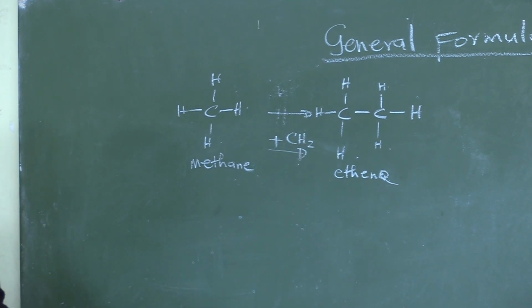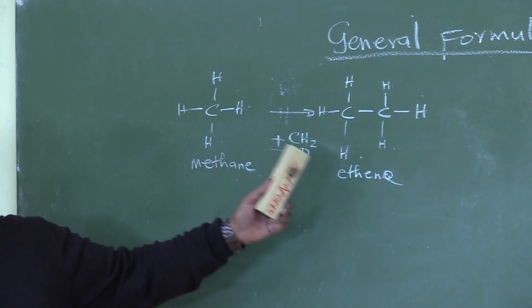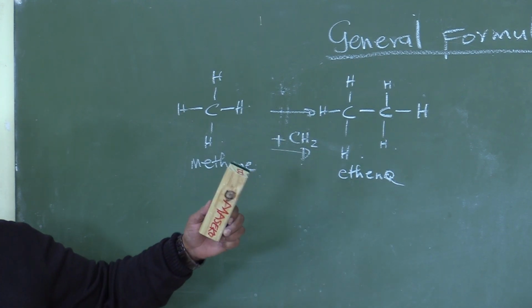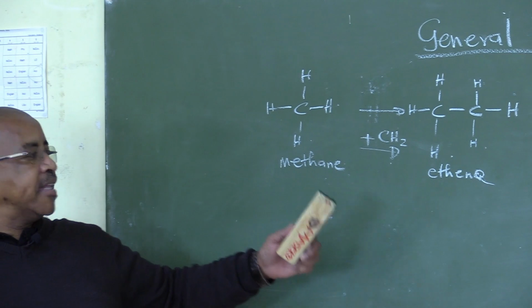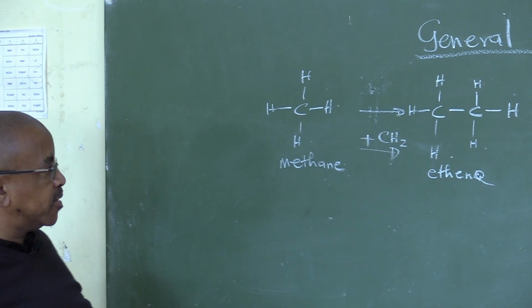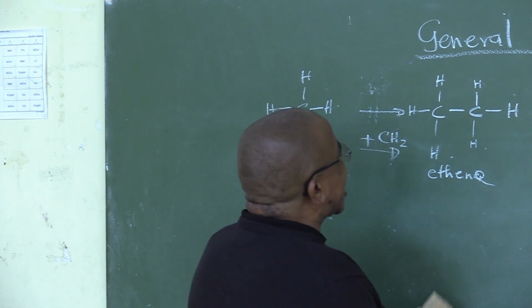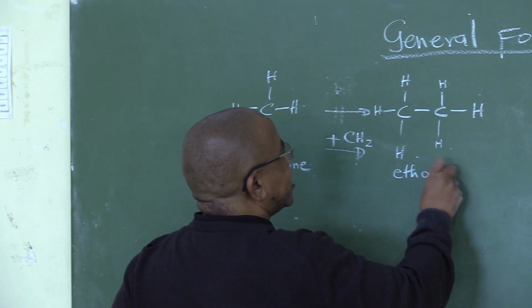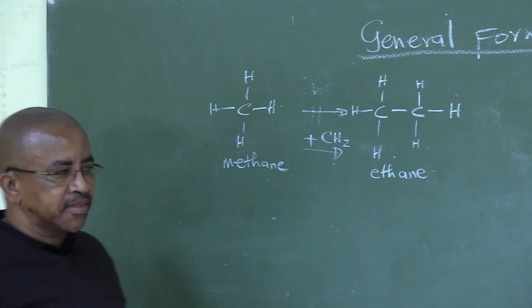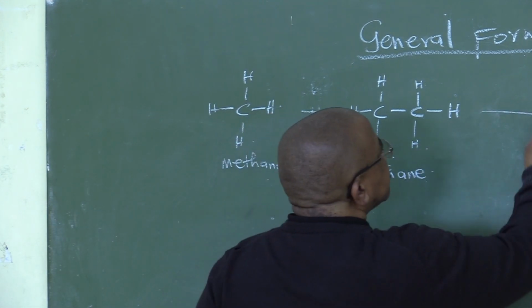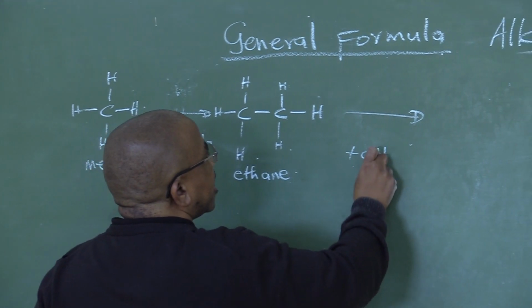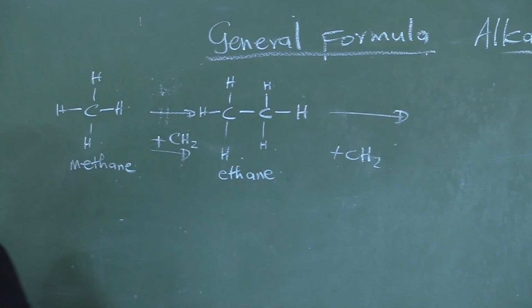Each time when you add a carbon on a chain, it elongates the chain, and the difference now we have an ethane. So we have ethane. Let me add on this chain another carbon.